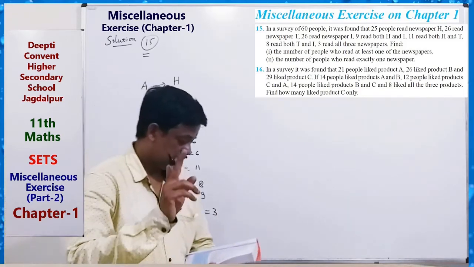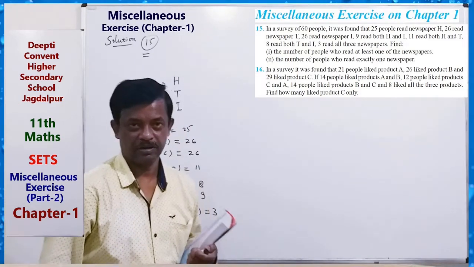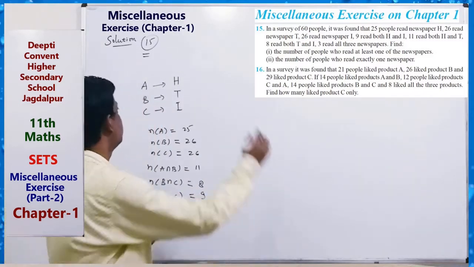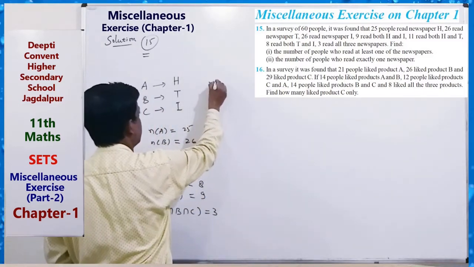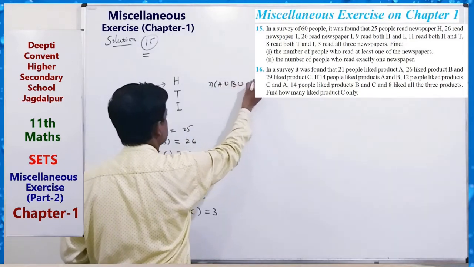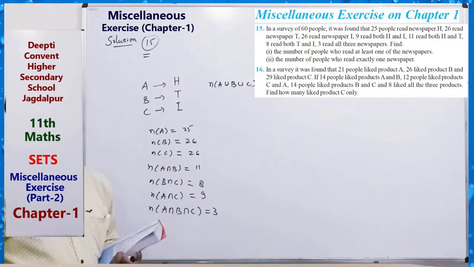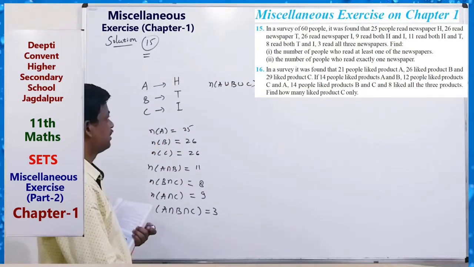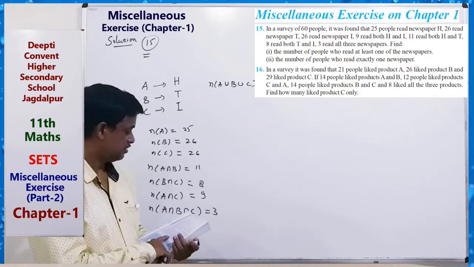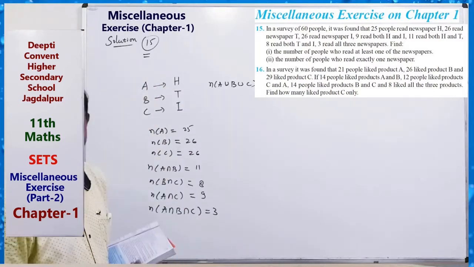Okay, so find the number of people who read at least one of the newspapers. Who read at least one of the newspapers means we have to find n(A union B union C). This is our main requirement, because you can find at least one newspaper reading by using this result. Clear?